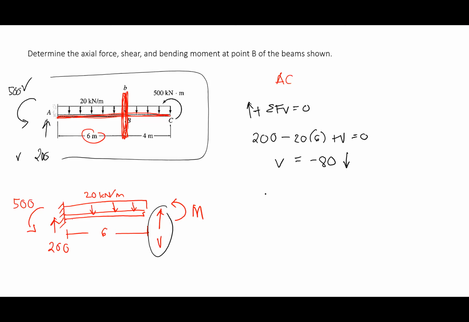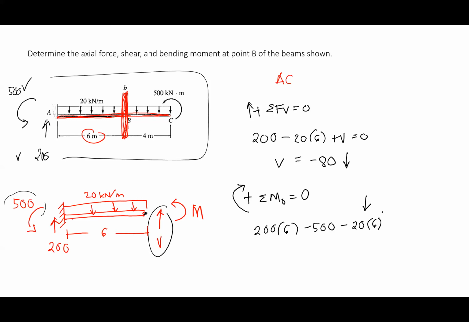Now, for the moment, mag-moment lang tayo sa point na to. Sum of moments equal to 0. Positive clockwise. So, we have 200 times 6 minus 500 kasi counter. Tapos yung 20, counter din siya. So, minus 20 times 6. Again, itong 20 times 6, concentrated load pa lang to.